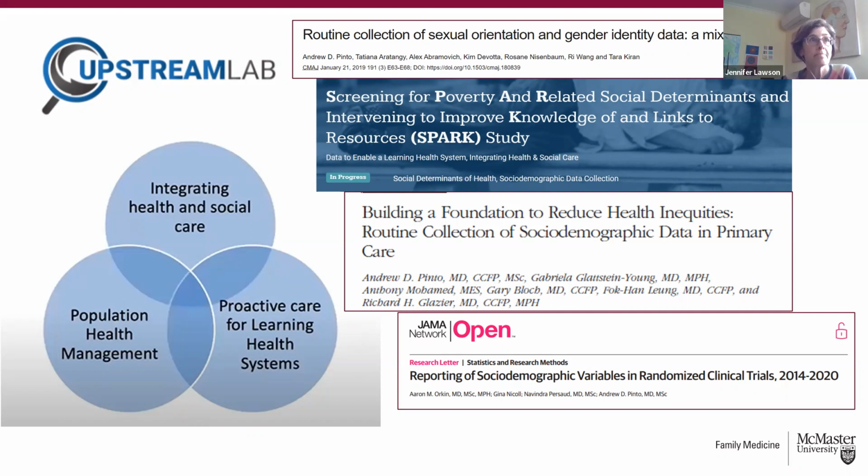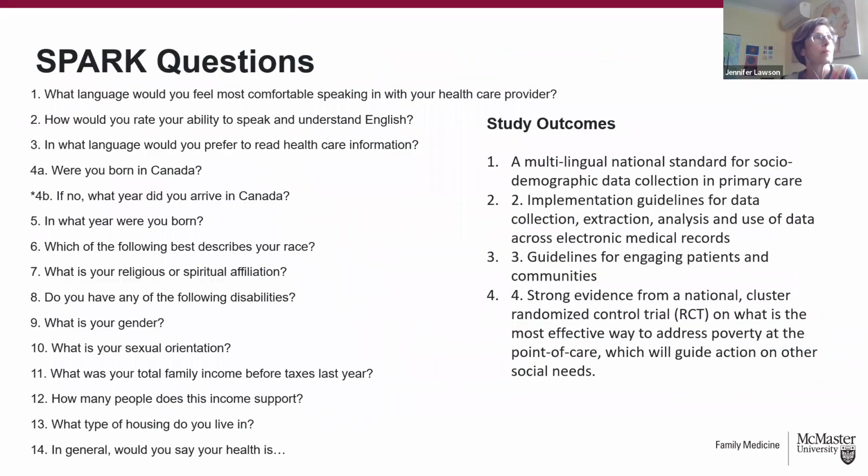The SPARK study developed and tested a tool for routinely collecting socio-demographic data in primary care, as well as guidelines for community engagement and implementation of these initiatives. The SPARK tool features 14 questions, and it is currently being validated in 5 Canadian provinces with a CIHR grant.